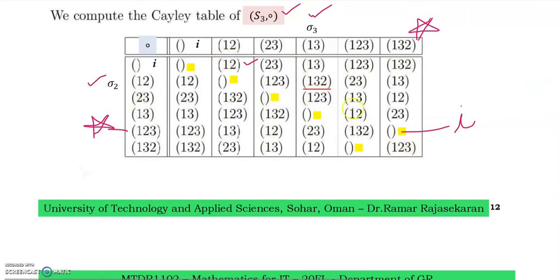This is the identity element; you do the binary operation, that composition, with any of these elements and you get the same element, which means the identity property is true.